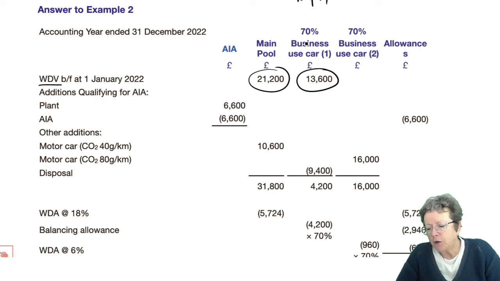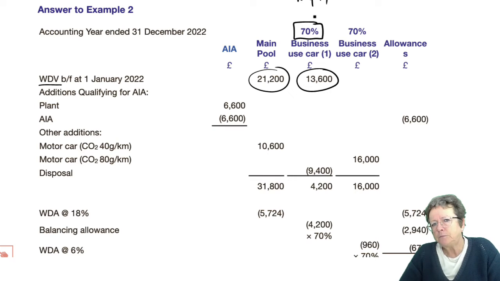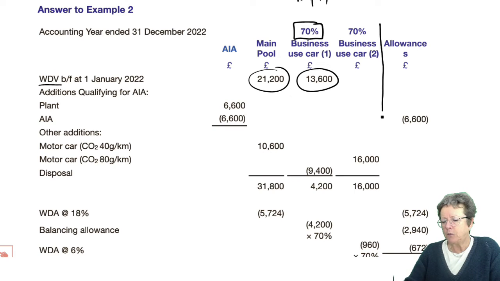Business use car number 1, because that's the one she already owns and then sold. So there's going to be a balancing allowance or a balancing charge on that. And you notice also that's the business use. Then she bought a new car, so it's got its own separate column. It's important. And again, we've put the business use at the top. And then this is the total column.